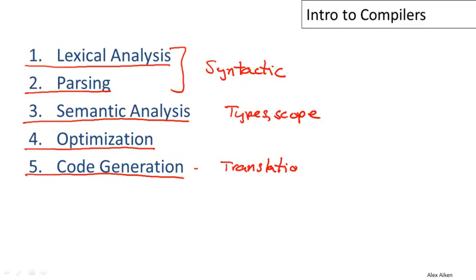And depending on our goals, that translation might be to machine code, it might be to a bytecode for a virtual machine, or it might even be to another high-level programming language.